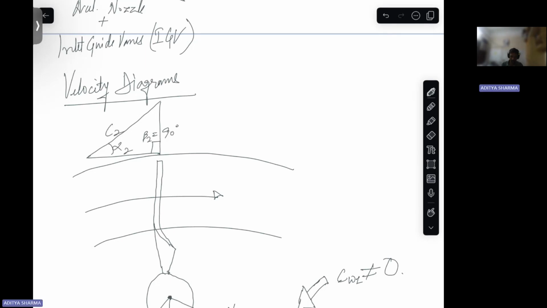This will be C2, your relative velocity will be equal to your radial velocity, and this is U2. Also in this case, your axial velocity will be 0. For the radial blades, in axial direction, there will be no fluid flow.